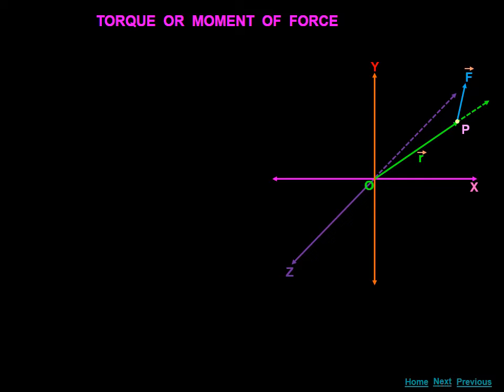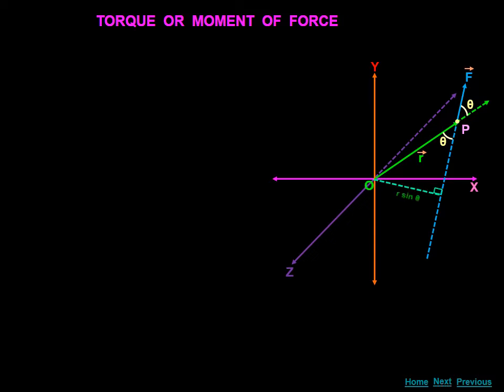Angle between r vector and F vector can be found by extending r vector in forward direction, and this angle is theta, and in backward direction the angle is also theta, because these two angles are vertically opposite angles.